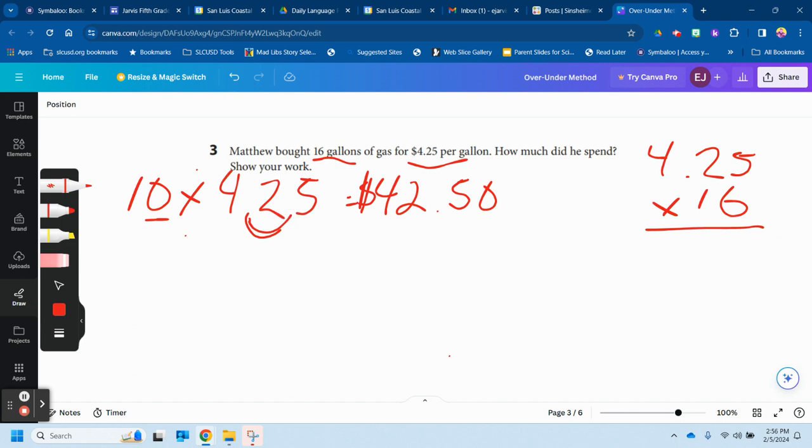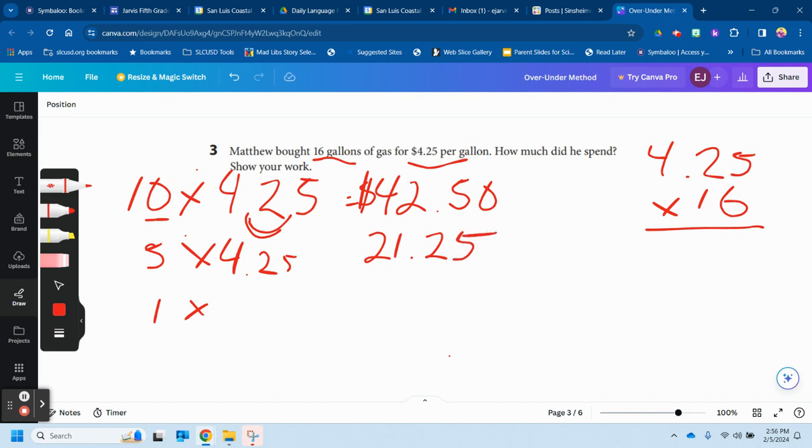So I'm doing this 10 times, 5 times, and 1 time. Okay? 5 times $4.25. Whoops, it's getting messy, but that's okay, because I could just do this in my head now. If 10 times 425 is 4250, 5 is half of 10, so the product is going to be half. Half of 4250 is going to be 2125.